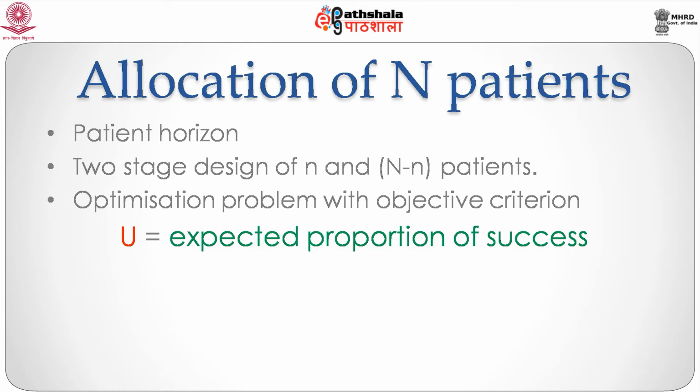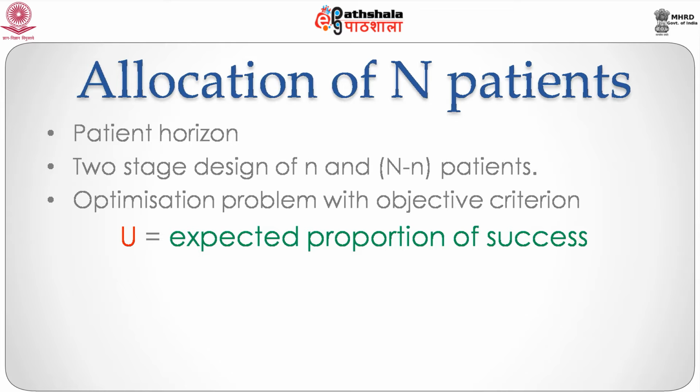An interesting application of this problem is to allocate capital N patients to one of two treatments. Now the total number of patients capital N is sometimes referred to as the patient horizon, and the problem is to determine small n such that allocation is made in two stages.